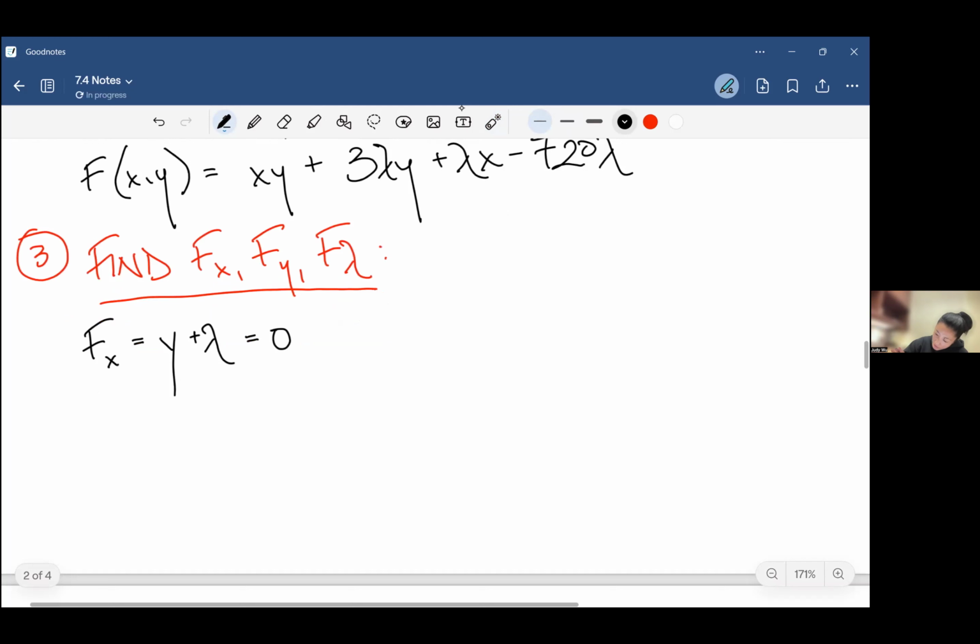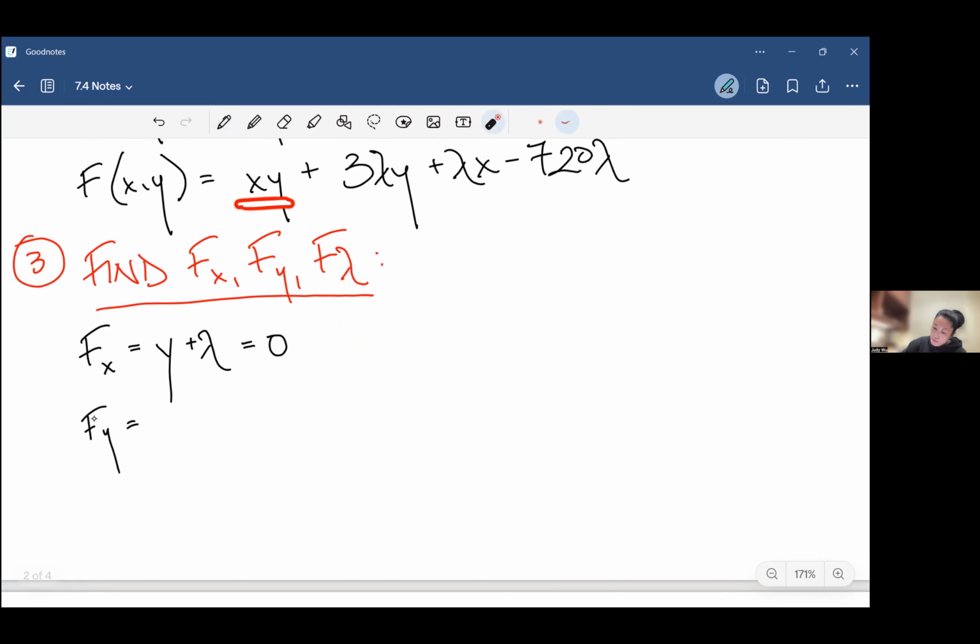So fy. Okay, we go back and find those partials. The derivative of xy is going to be x. The derivative of 3 lambda y is going to be 3 lambda. And the derivative of lambda x minus 720 lambda is 0. And I want to set this equal to 0. All right, we got one more partial to find.